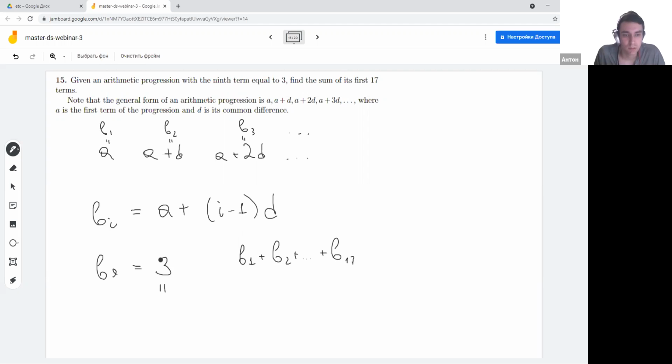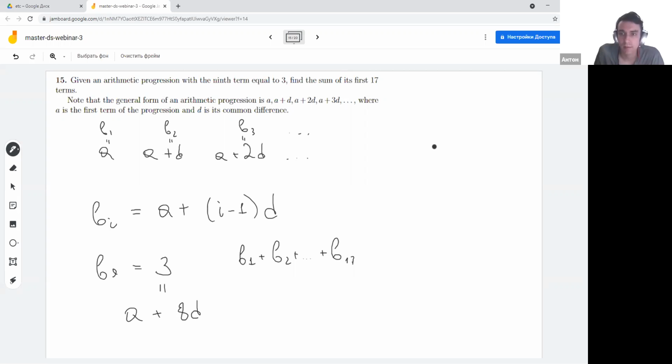First of all, let's rewrite this 3 as b9, which is a plus 8d. Sorry, not 7, 8d. Yeah, i equals 9, therefore i minus 1 equals 8.